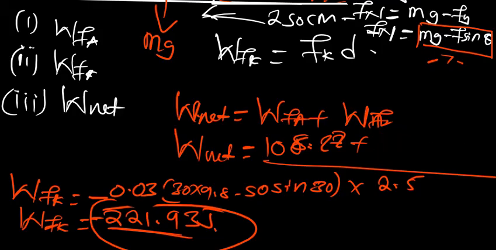Those having calculators, you can help me. 30 times 9.8 minus 25 times 2.5 times 0.03.